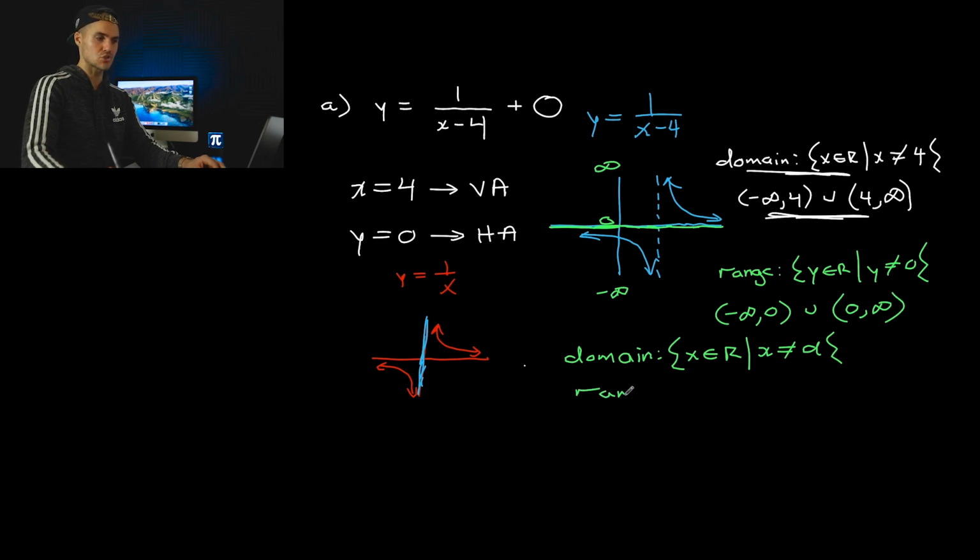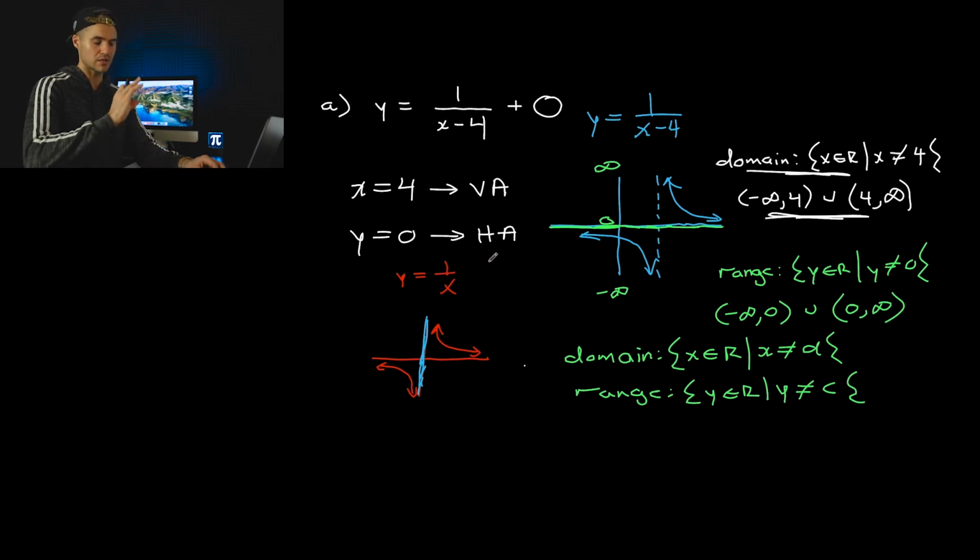And then the range, it's always going to be y ∈ ℝ, y cannot equal the horizontal asymptote, which is the c value.